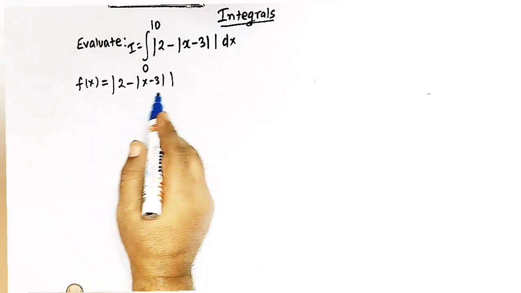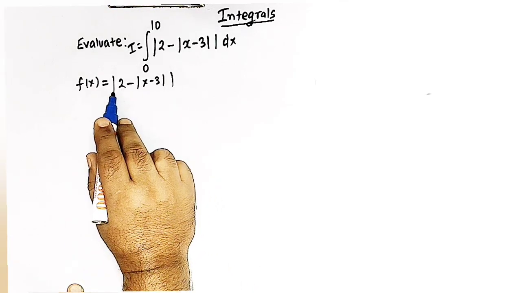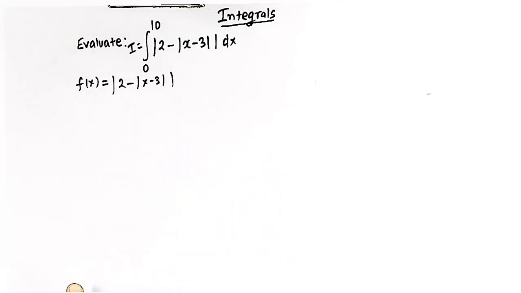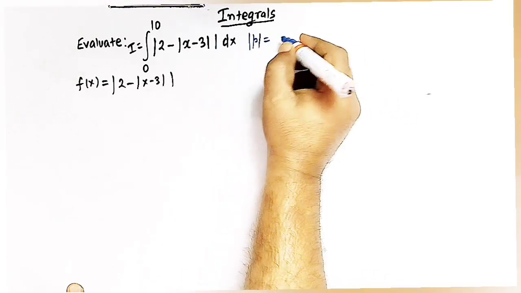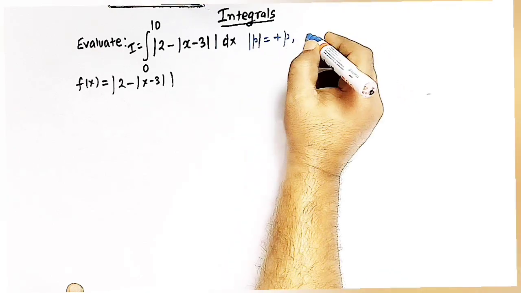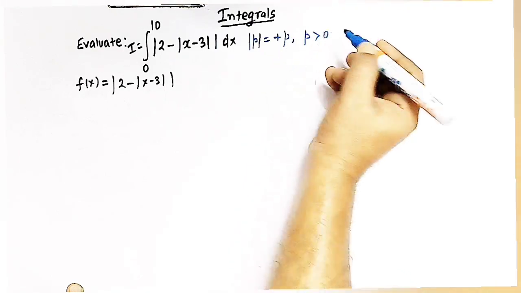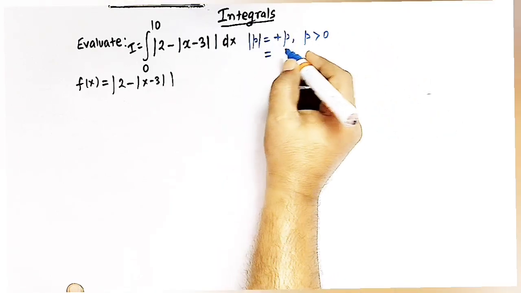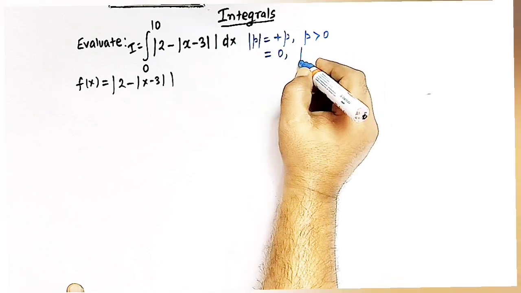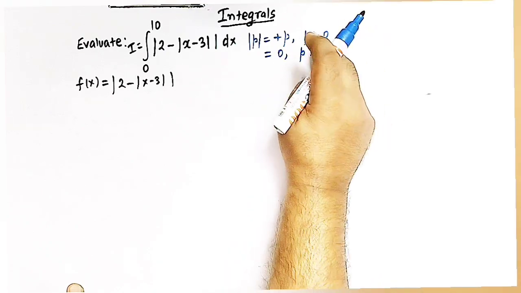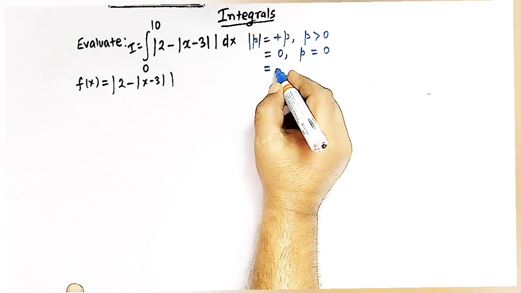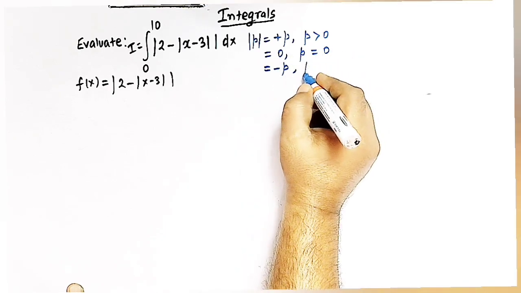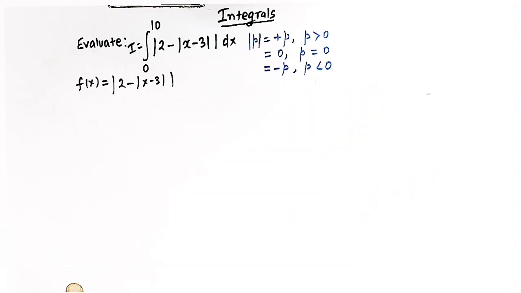So before redefining this function f of x, let us quickly see the definition of mod function, right? So mod of p is defined as positive p whenever p is greater than 0, mod of p is equal to 0 when p is equal to 0, and mod of p is negative p whenever p is less than 0, right?